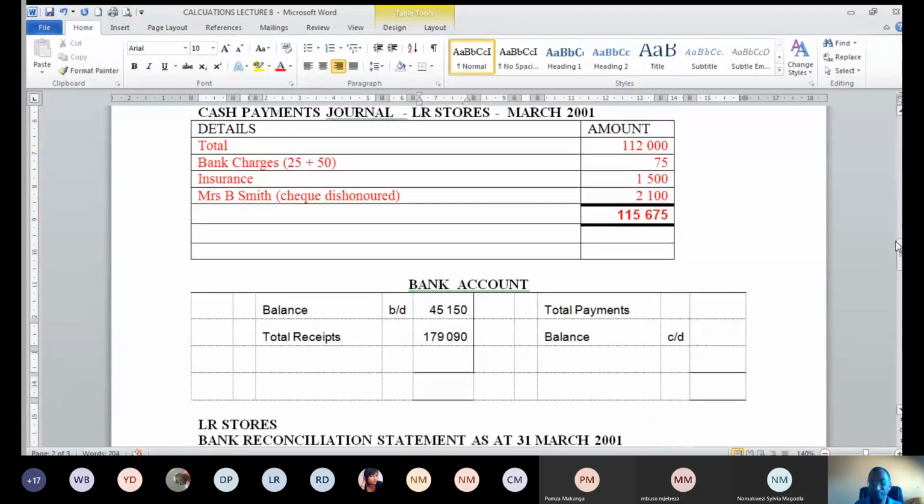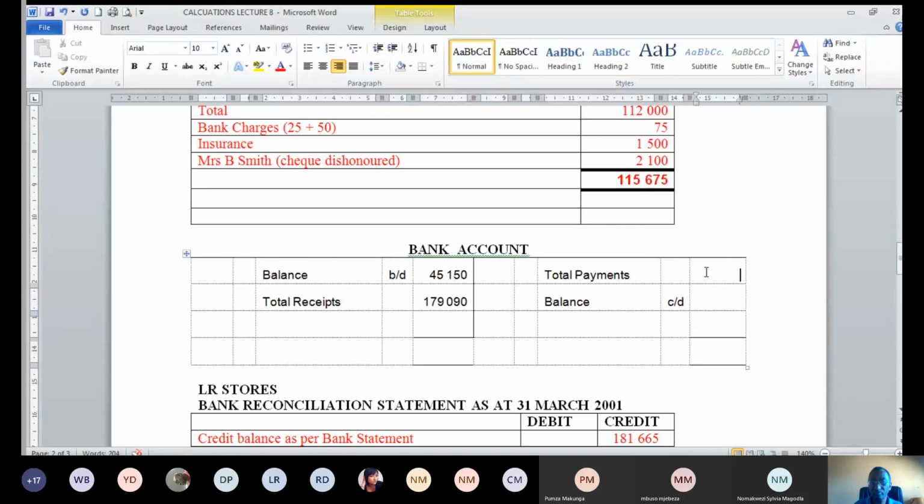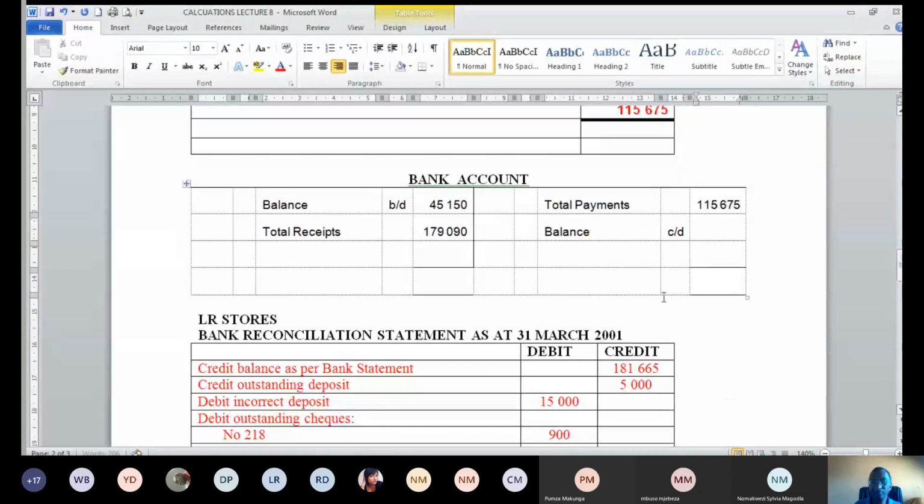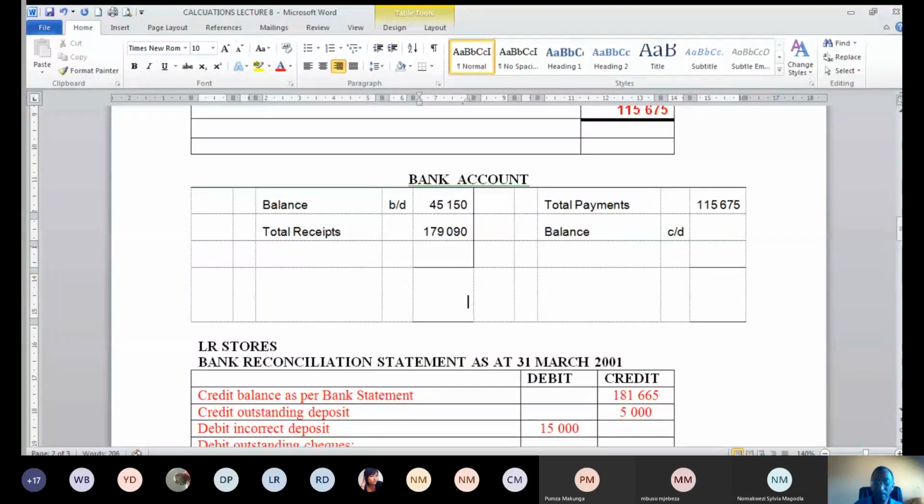Our cash payments journal total is 115,675. We are balancing our bank account now. Add up the debit side: 224,240.